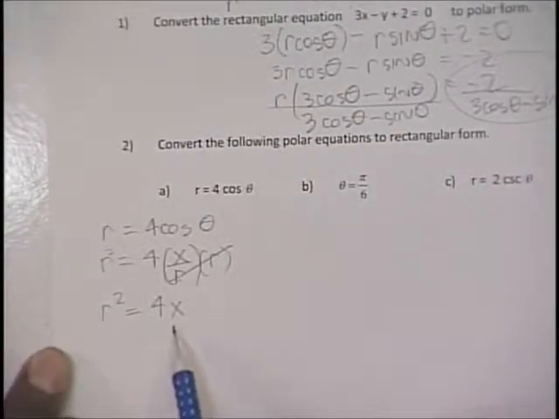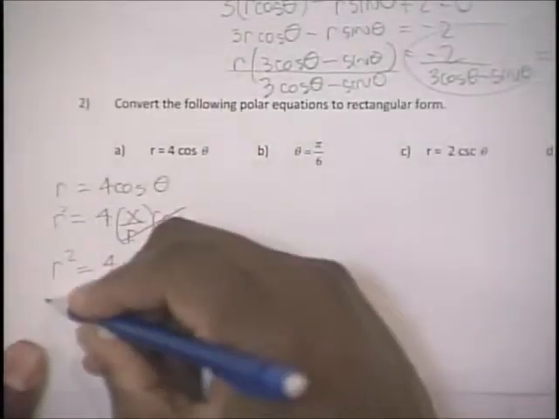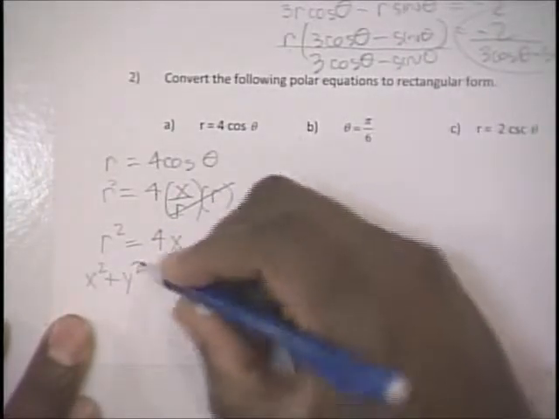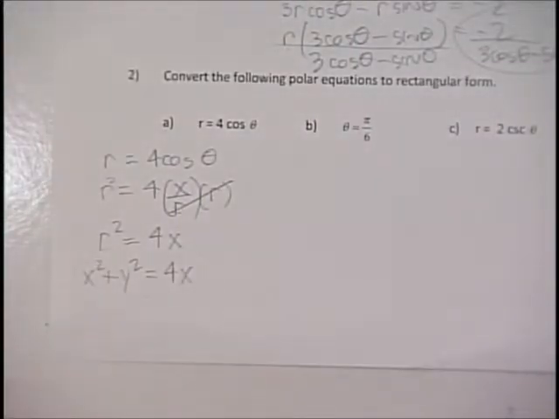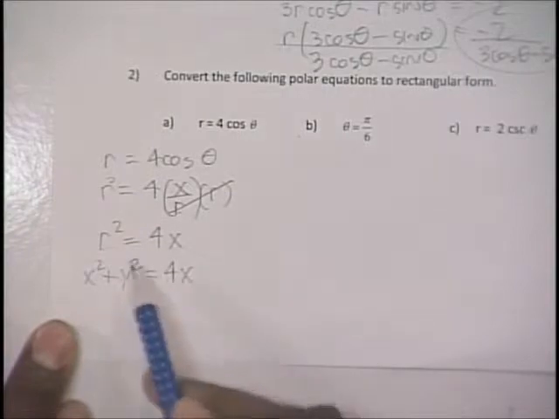And we told you that r squared is equal to x squared plus y squared. So x squared plus y squared is equal to 4x. This is a rectangular equation that's equivalent to this polar equation. So that's the final answer.